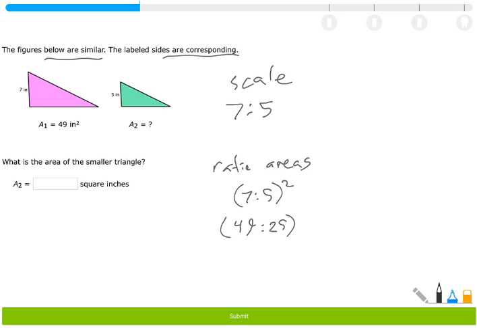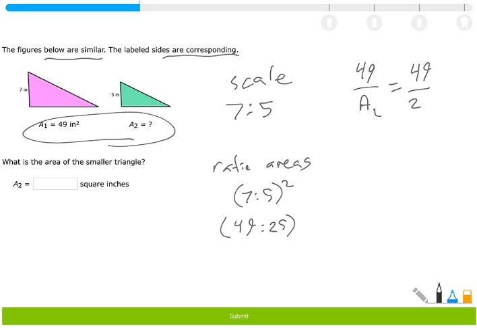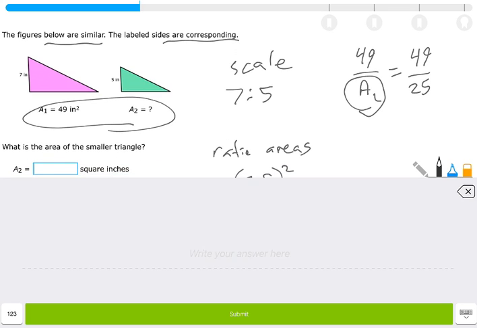Now we can set up our proportion since we know the ratio of our areas. So the first area, 49, is to the second area as 49 is to 25, so we don't even need to solve this. We know 49 over 25 is equal to 49 over 25.